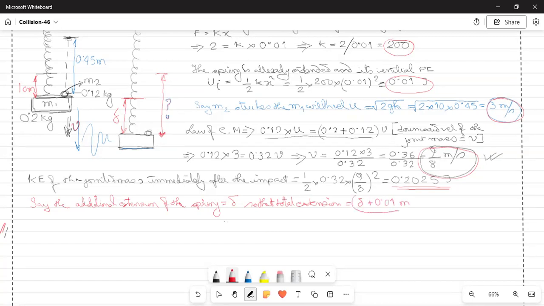This will be our answer finally. But we have to find out delta first. We can easily find out delta.